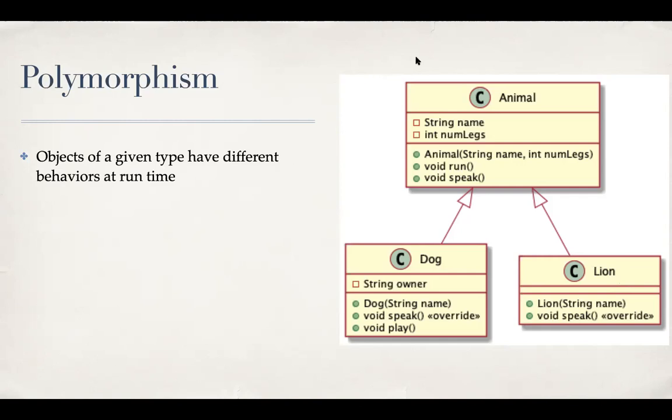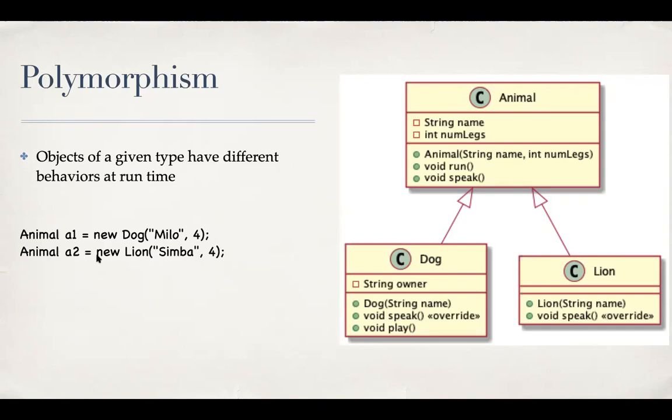But it will be animal for many other purposes. So this is how you create it. You can say animal A1 equals new dog and give it appropriate parameters. And then animal A2 is a new lion and give it appropriate constructor parameters.